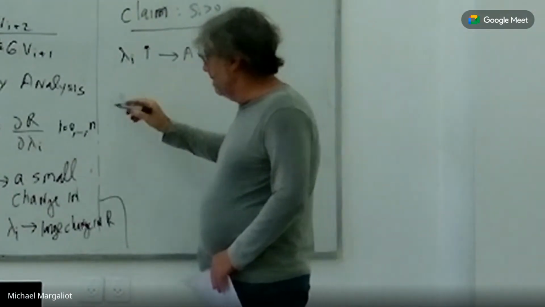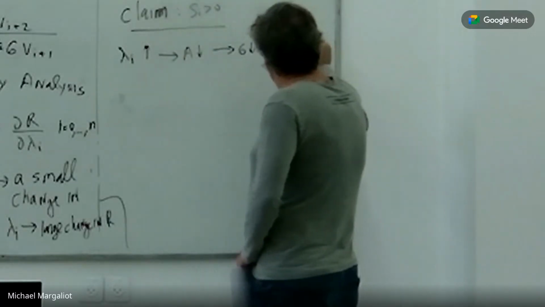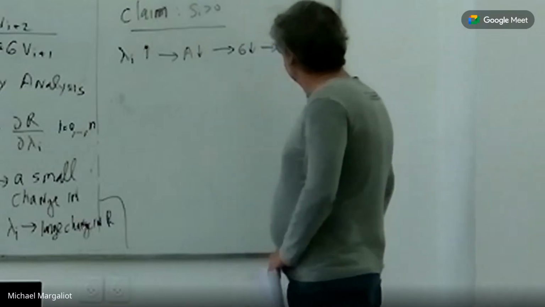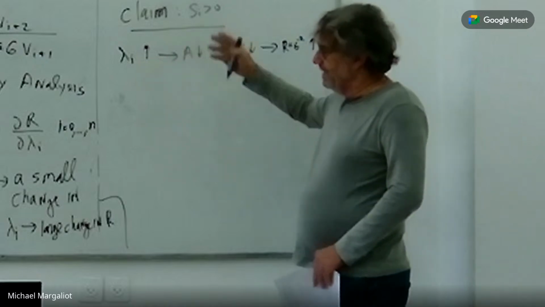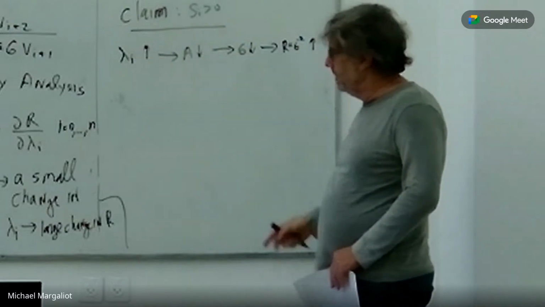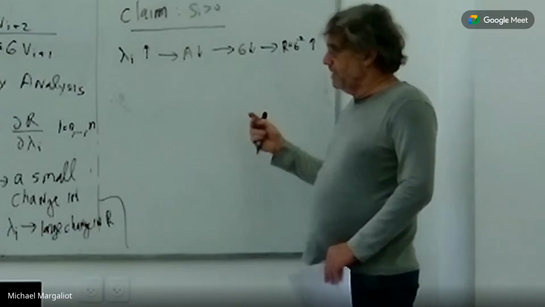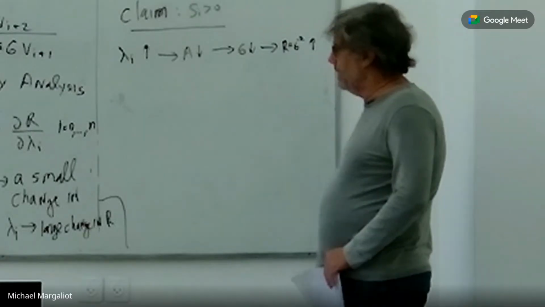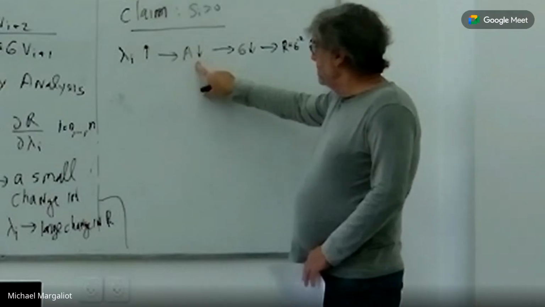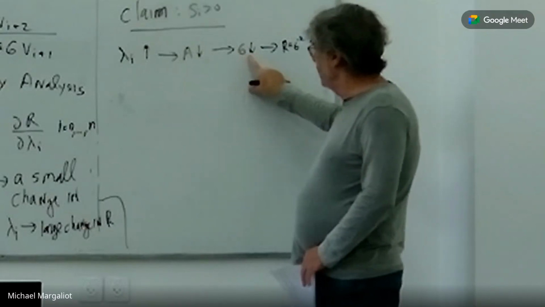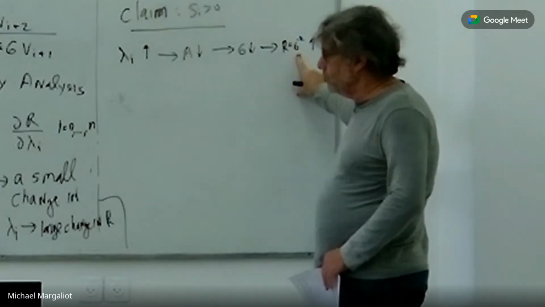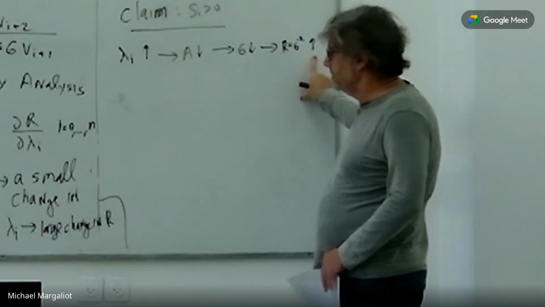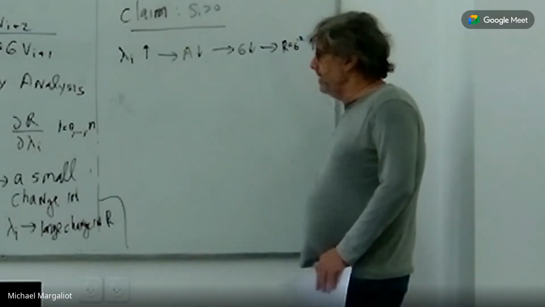And since R is sigma to the power minus 2, I expect R to increase. So I hope this chain is clear: I increase lambda I, this decreases two entries of the matrix A, so the Perron eigenvalue decreases, and because R is sigma to the power minus 2, R increases. Intuitively, I think this is clear.